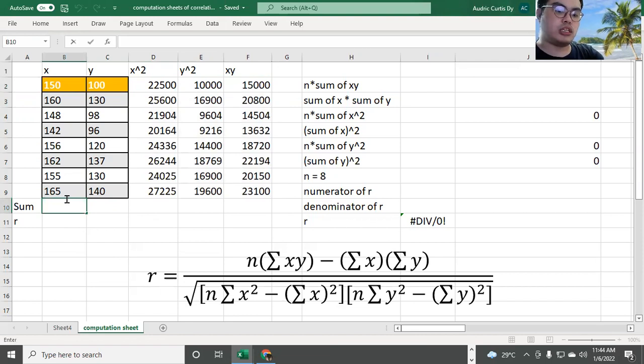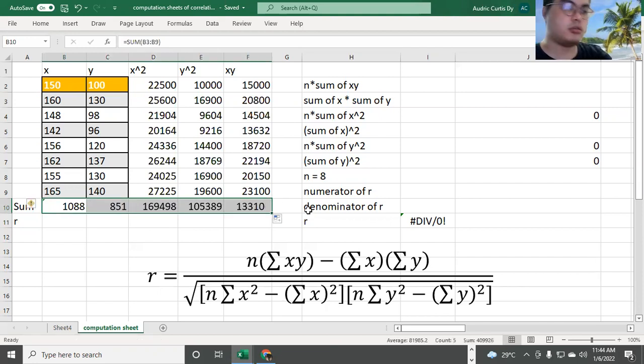To get the sum, we need to type sum, then highlight this. To get the sum of the other columns, we highlight this too. So this is how the sums come out.